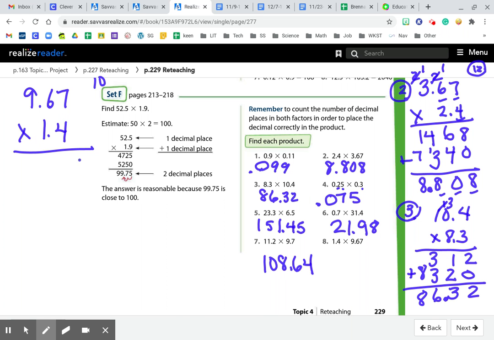7 times 4, 28. 6 times 4 is 24 plus 2. Oops. 9 times 4 is 36 plus 2. And I'm going to shift over and multiply by 1. Add my digits.